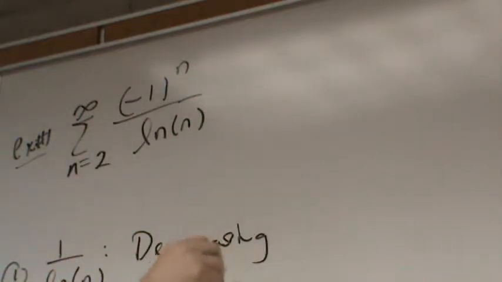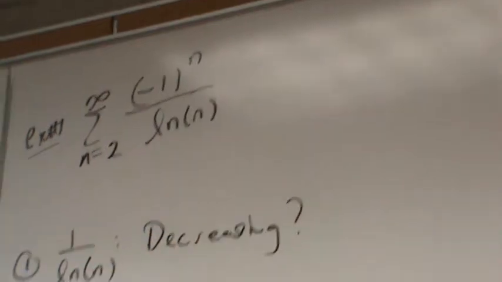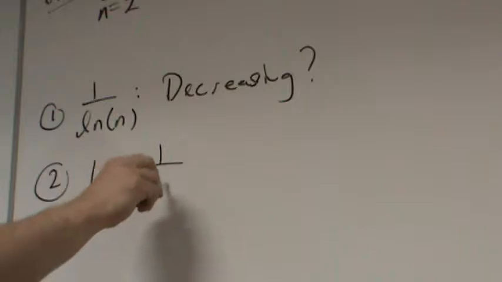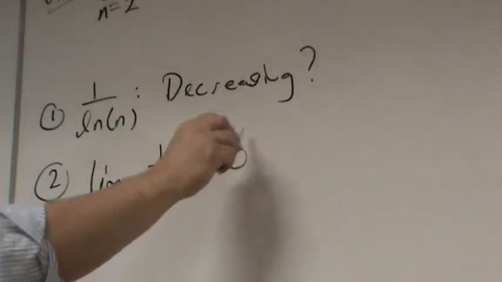And remember, you want to ask yourself, number 1, you're looking only at the positive cousin. So you're only looking at 1 over the natural log of n. You're not looking at the alternatingness of it. Are the terms decreasing? And is the infinitieth term of the non-alternating cousin equal to 0?